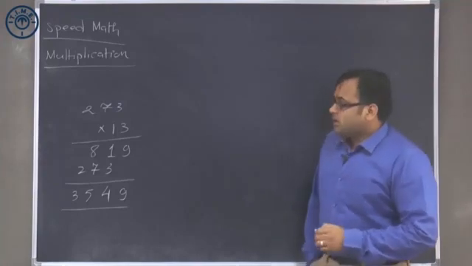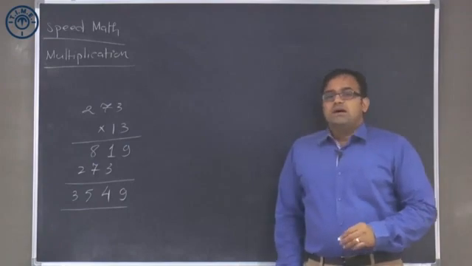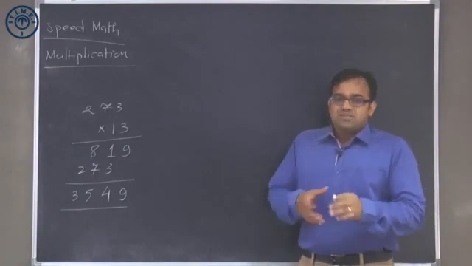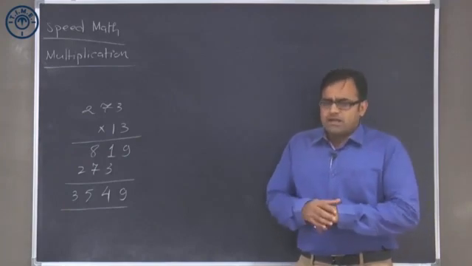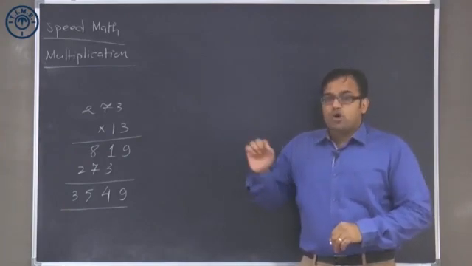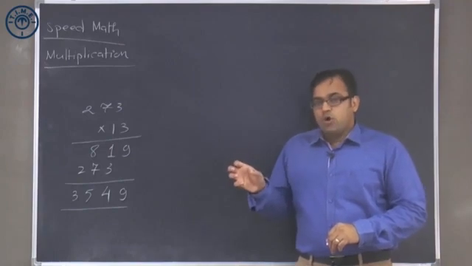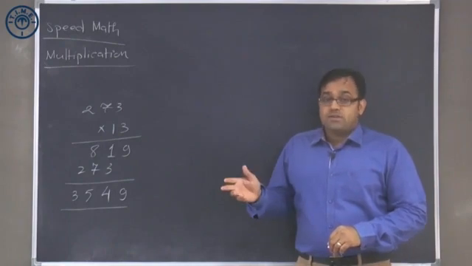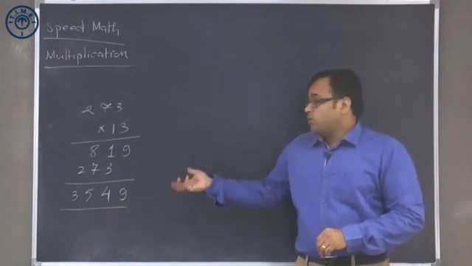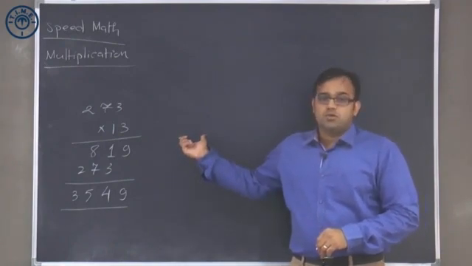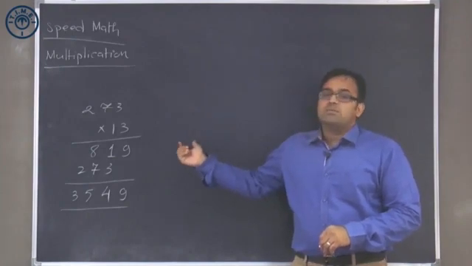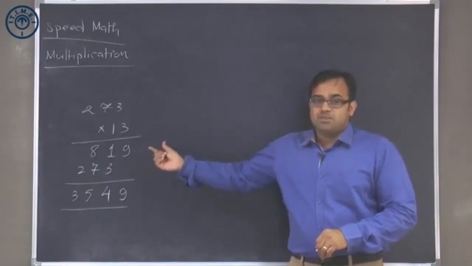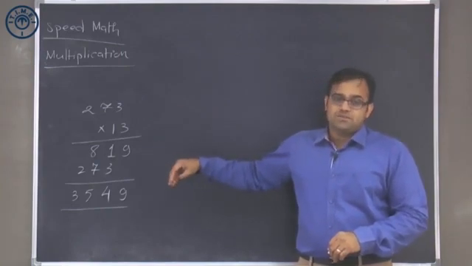However, now what we're going to discuss is the digit multiplication method. If you look at CAT, the questions have 4 options. More often than not, the answer would depend on some final multiplication that we have to do. If we can eliminate the digits from the last, the answer would be a lot easier.